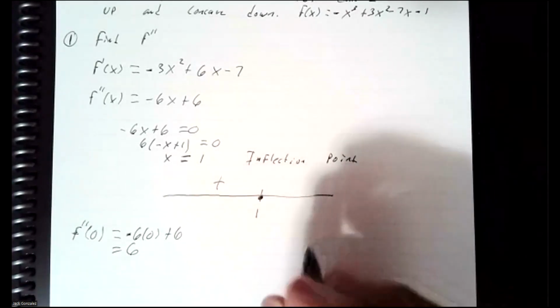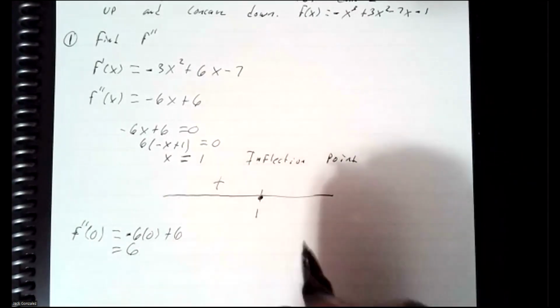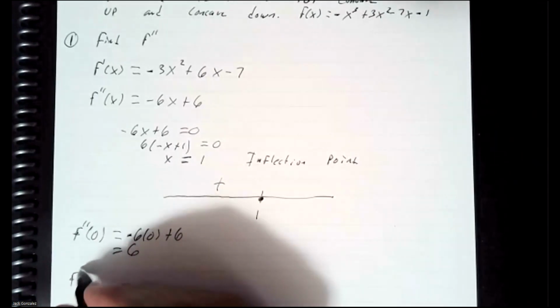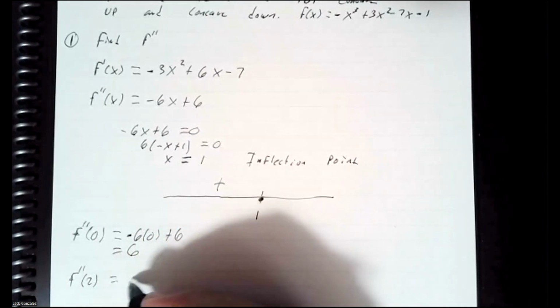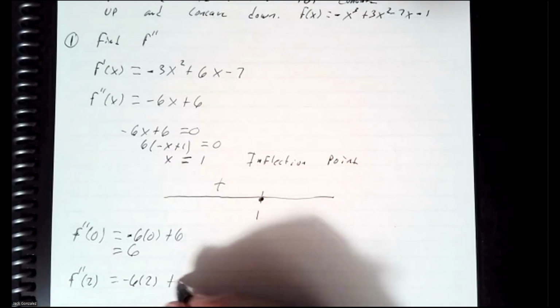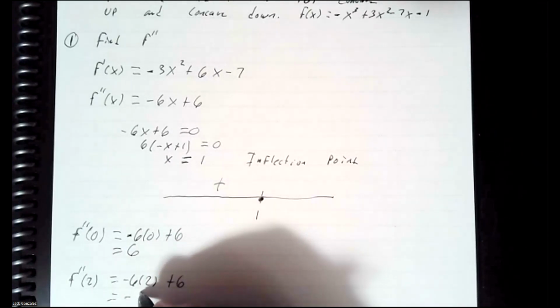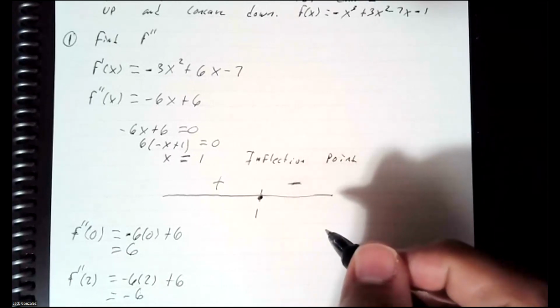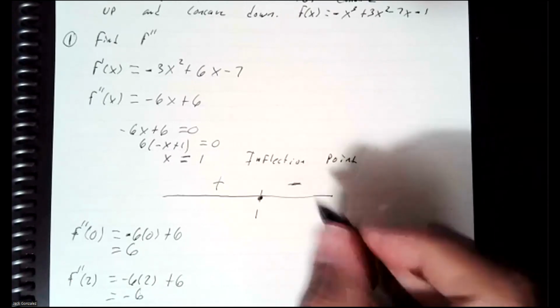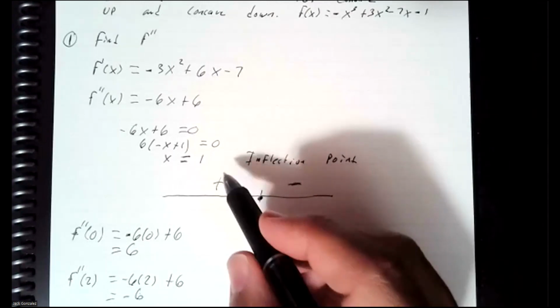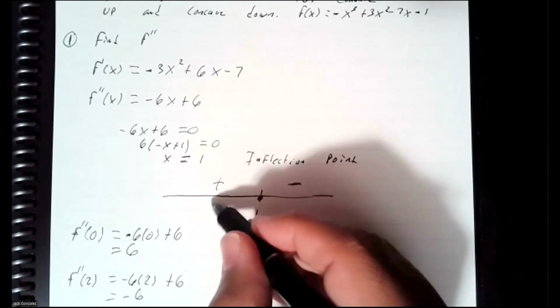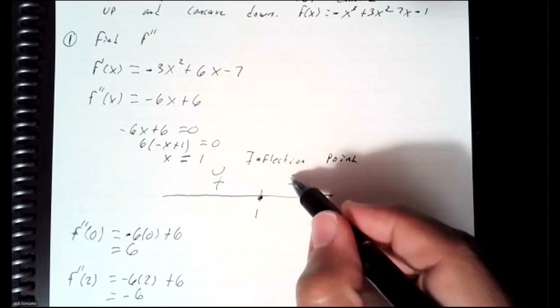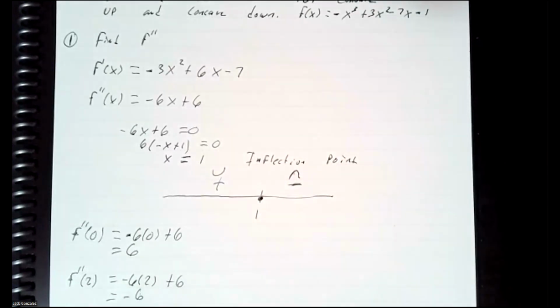Yes. Okay, so anything after would be good. 2, yeah, it's fine. -6, right? Yes. So we have concave up over here, concave down over there.